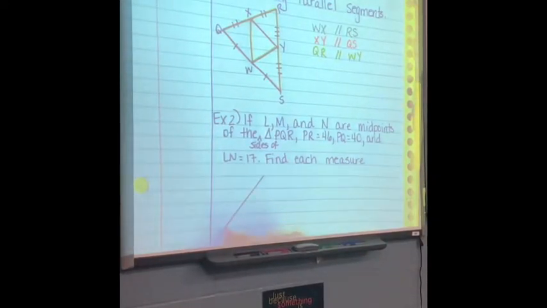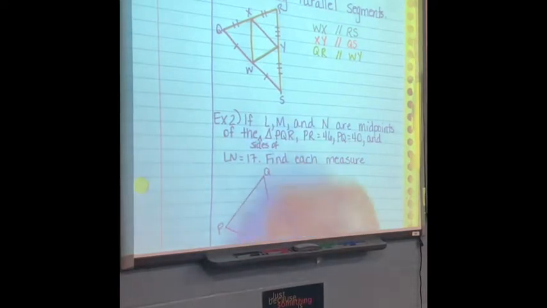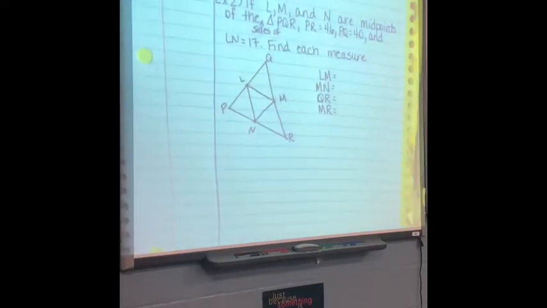Looking at this triangle, they want me to find the measure of LM, MN, QR, and MR. Oh, sorry. Make that where you can see it.